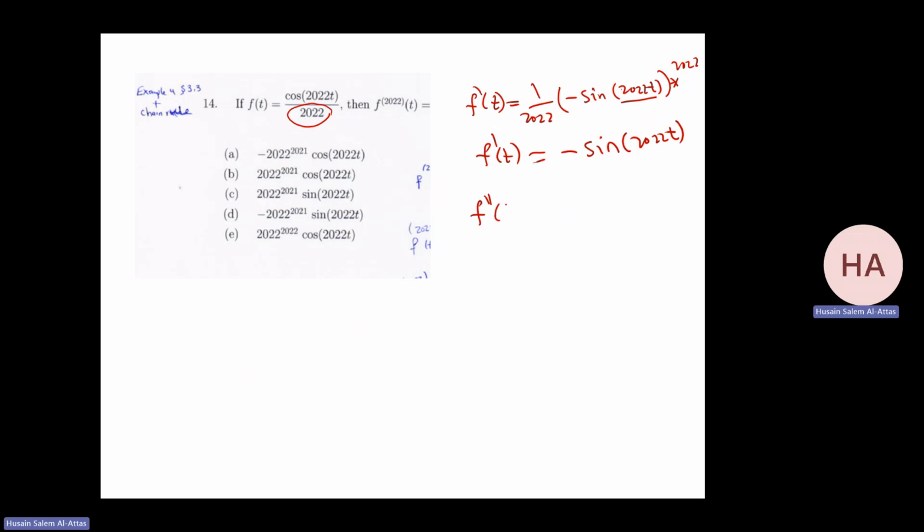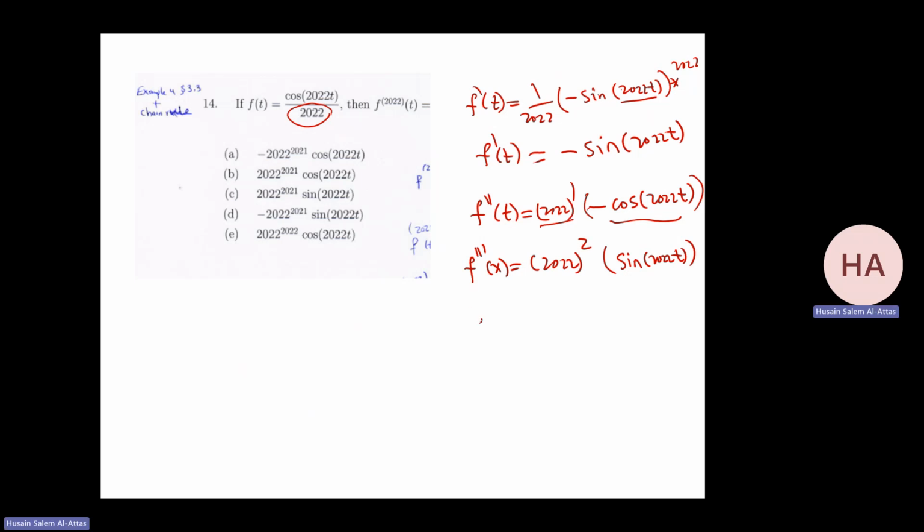Second derivative. Now the number will come. This will be minus cosine 2022t times the same number, this one to the power of 1. Third derivative. Now, derivative of this, which is sine 2022t. I need 2022 times this. I have 2022 squared.